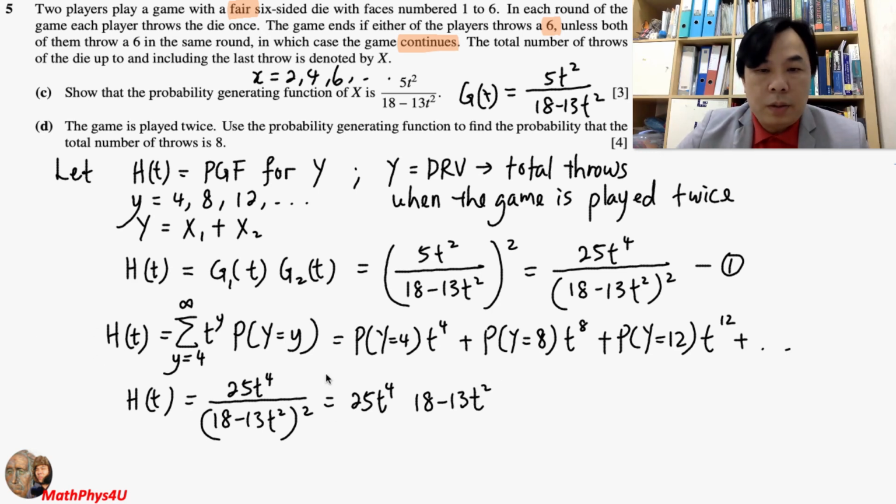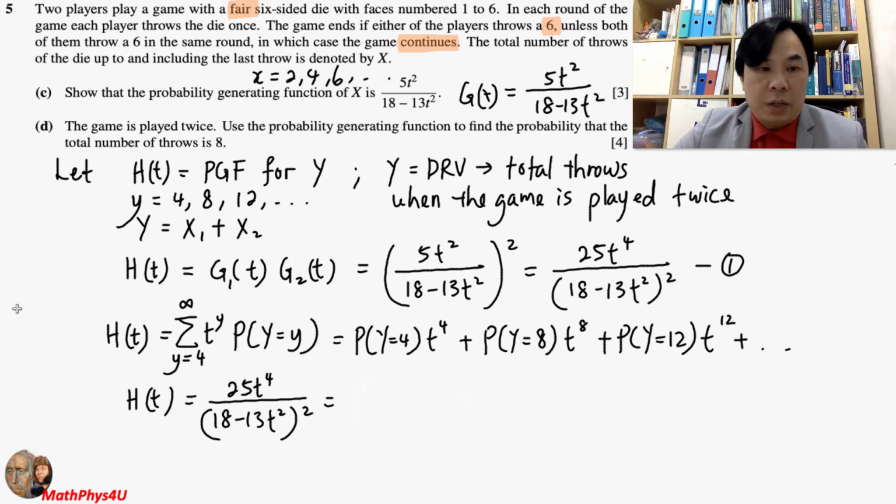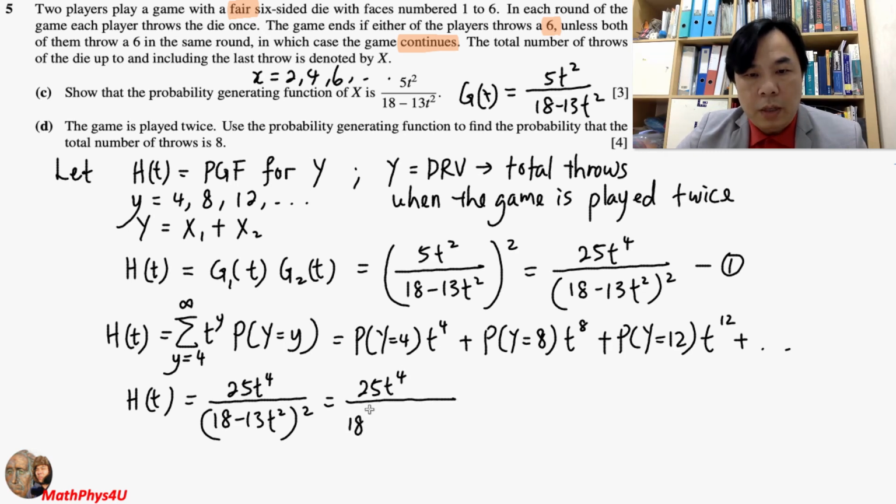I think I simplified a bit. Hold on, just let me make a bit of adjustment so that it's easier for us to work out the expansion in a while. So in this case, I would rather simplify it this way. That will be 18 square. You can actually factorize out the 18. So it looks something like this.